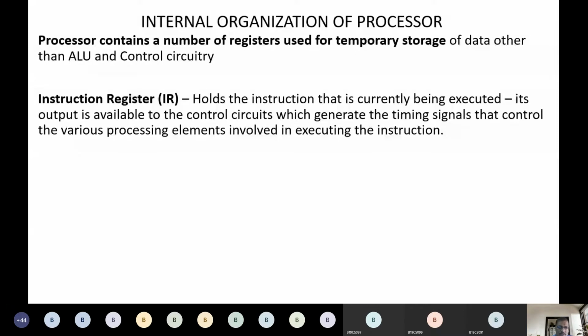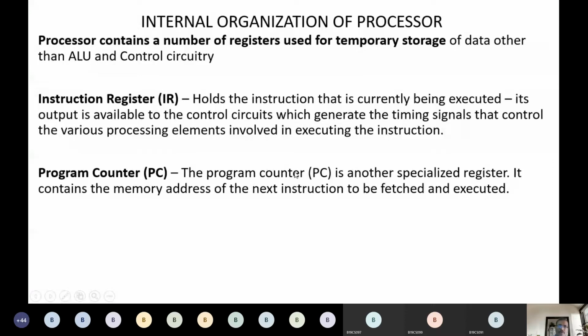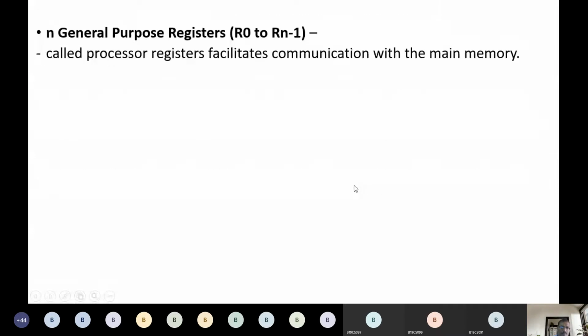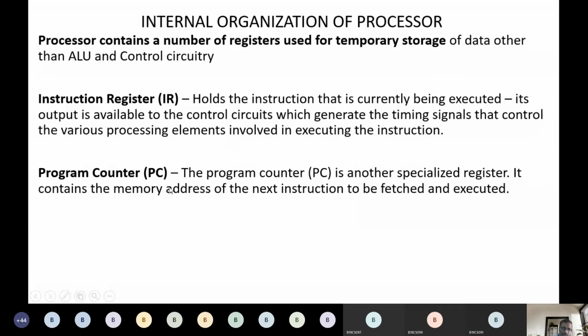The next is the program counter. It stores the address, not the instruction. The program counter stores the address of the next instruction, which will be fetched and executed. IR loads the current instruction being executed. PC loads the address of the next instruction.